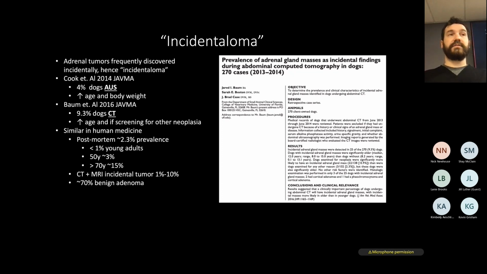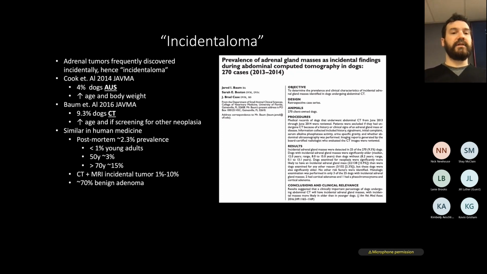And they found that 4% of dogs that they scanned ended up having an adrenal mass. The chance of them having a mass was correlated with increasing age, so about 12 years of age, and increasing body weight. In 2016, a similar study came out from Baum et al. only instead of ultrasound, it was looking at CT.